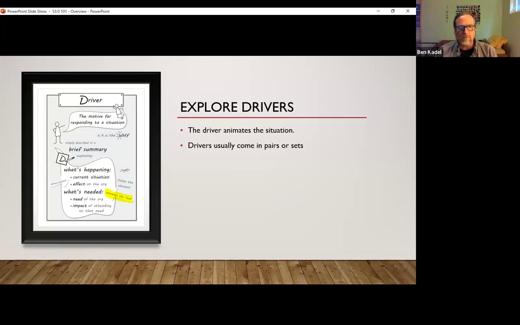And one of the most important things to remember is drivers usually come in sets, in pairs. We've already talked about one, autonomy versus coordination. There is always going to be a tension where you can't just allow 100% autonomy. That's herding cats. That's a recipe for disaster.